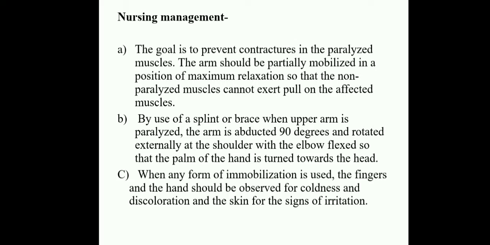When any form of immobilization is used, the fingers and hand should be observed for coldness. Because of the splints or braces, the extremities may become cold and clammy, some necrosis may happen, and discoloration may be there.